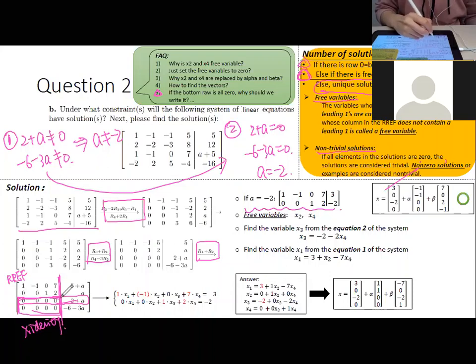If we have not decided that the value of a is -2, these 2 rows are not necessarily all 0, so we cannot delete them directly. But after we decide the value of a, we find that the bottom 2 rows are all 0, so we can delete them and get the RREF matrix like this.